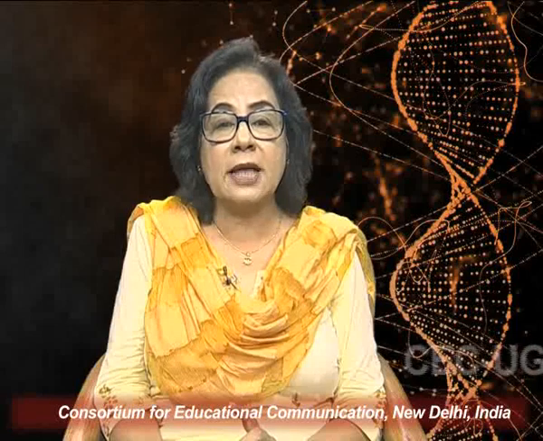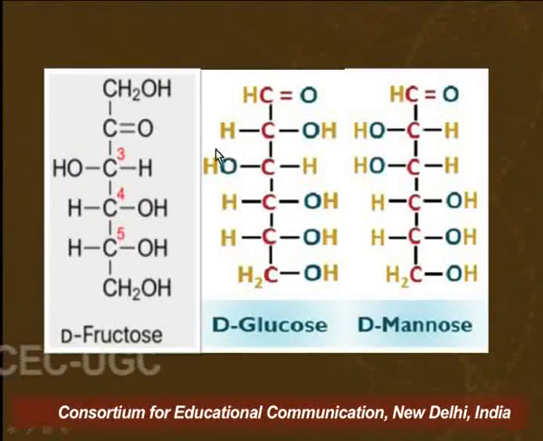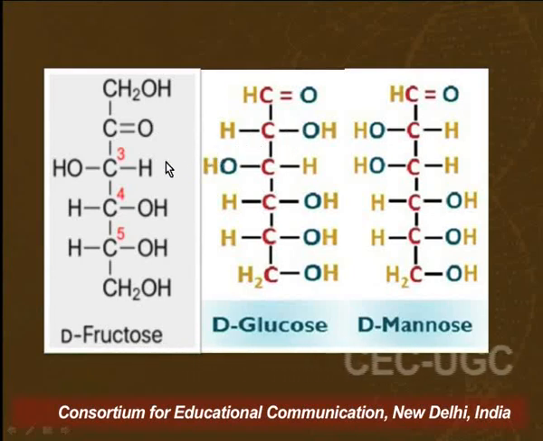So as you can see on your screens, to explain it further, I have shown that the reaction is taking place only at the 1st and 2nd carbon in fructose, in D-glucose, and in D-mannose. And what we find is that at the rest of the carbons, if you look into the structure, the configuration is the same.